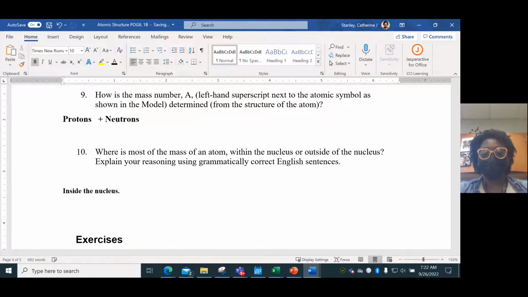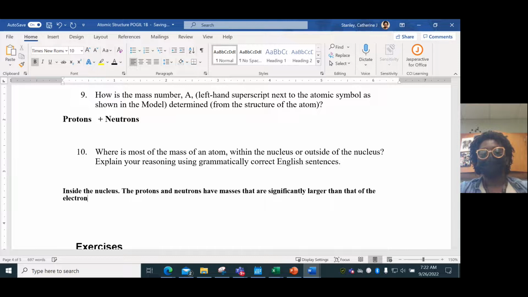Inside the nucleus, the protons and neutrons have masses that are significantly larger than that of the electron. Therefore, their location will have more impact on the mass.